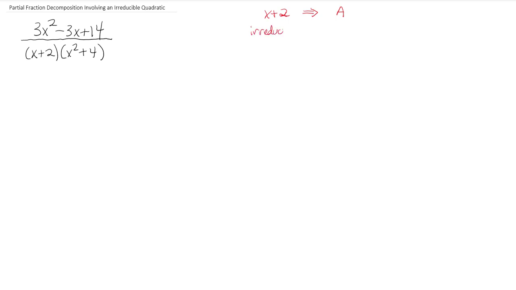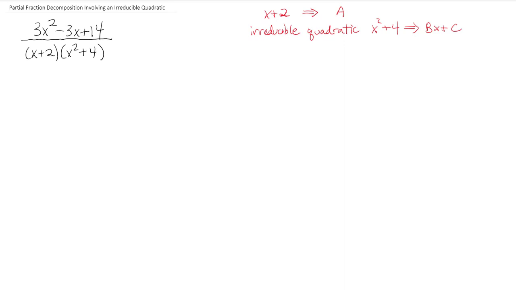With irreducible quadratics, that means you can't factor them as linear factors over the reals. The irreducible quadratic here is x squared plus 4, and it has multiplicity of 1. If we see that, then we want to think of bx plus c in the numerator.